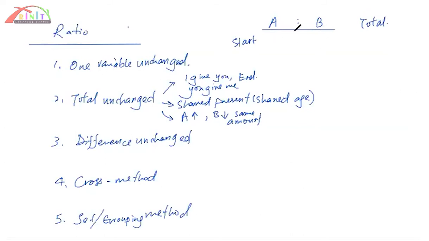So whatever number I give you here, for example, I say 2:7. And then I tell you that A will lose something or B will lose something to A. As a result, the ratio becomes 3:5. So your first step is to find the total.